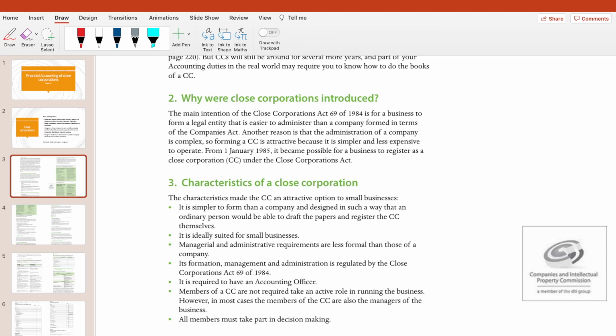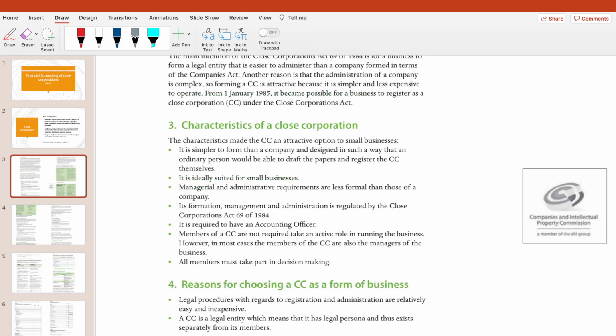Now there are certain characteristics of the closed corporation. Firstly, we can see that they are simpler to form than a company, and designed in such a way that an ordinary person would be able to draft up the papers and register the CC themselves. It is also ideally suited for small businesses because it's cheaper and less complex.